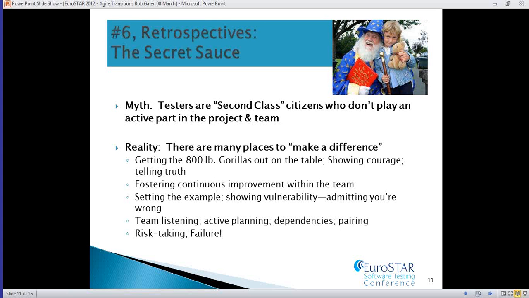Now, linking to that previous view, I think retrospectives are this underutilized or underthought of place to really make a huge difference in teams. One of the Agile manifesto points, or one of the principles of agility, is the notion of continuous improvement.